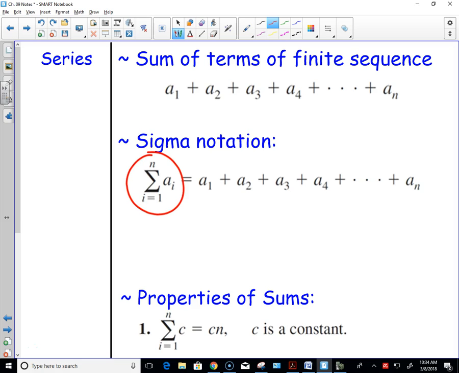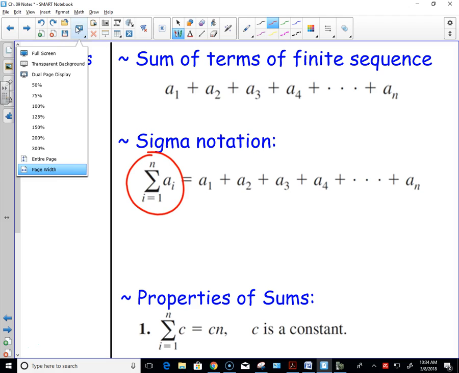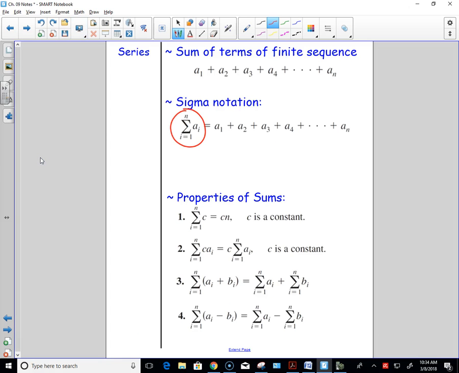A sigma denotes repeated addition of terms that follow a certain formula or a certain pattern.